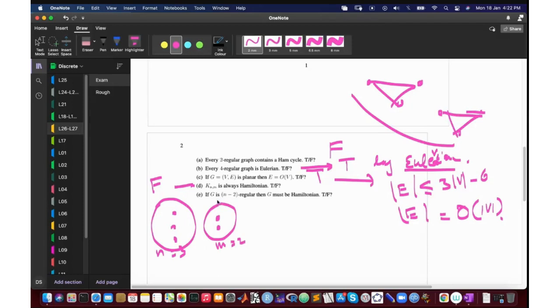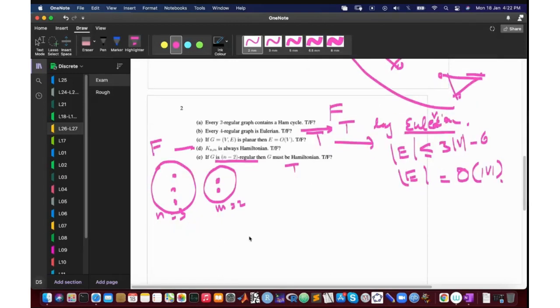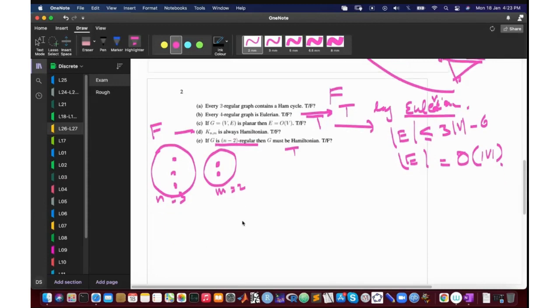This is actually true, okay? I'm not sure if people got it, but it may be correct because a two-vertex zero regular graph is non-Hamiltonian. So this is in general true.